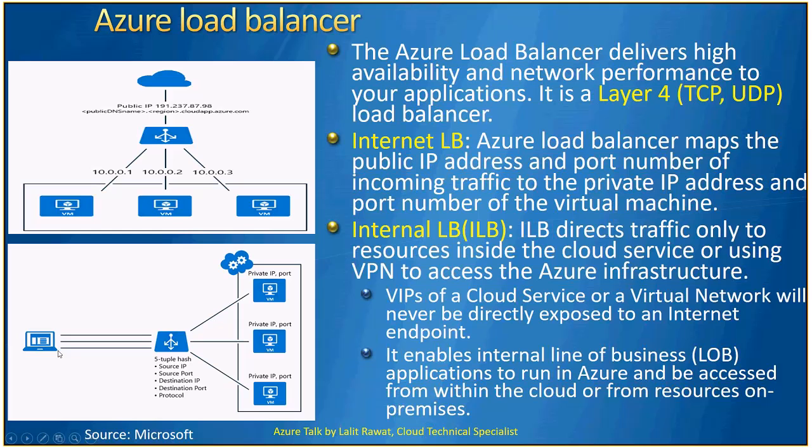So suppose a user or a computer requests access to this particular website or IP address. How will it work? When the user makes the request, it asks for the source IP, the destination IP, which protocol you use, and the port number.